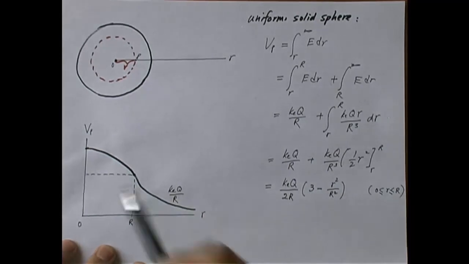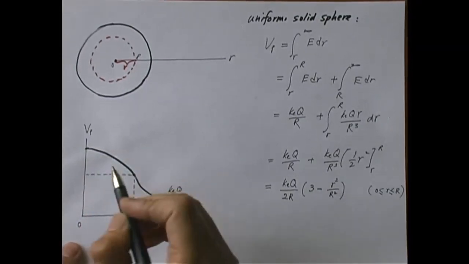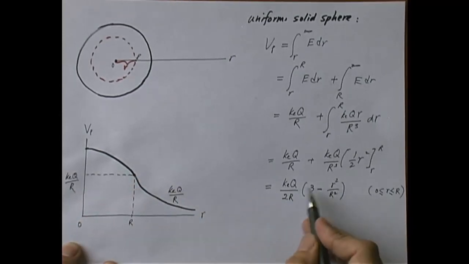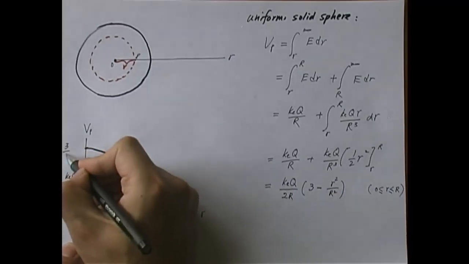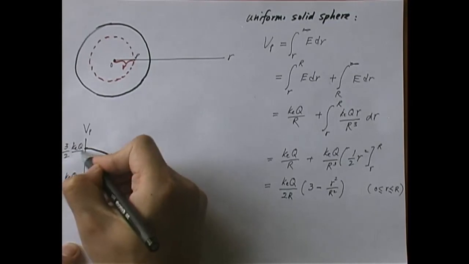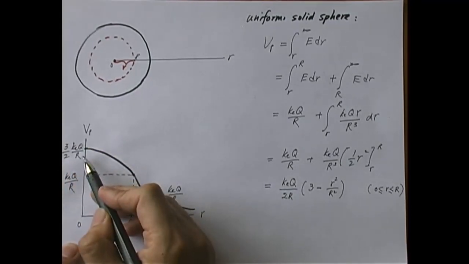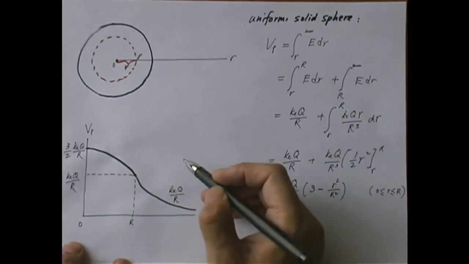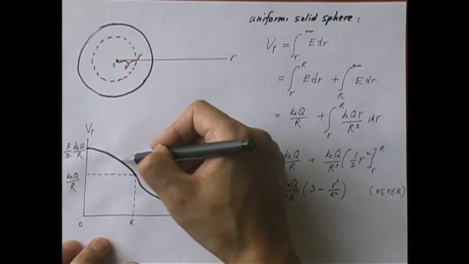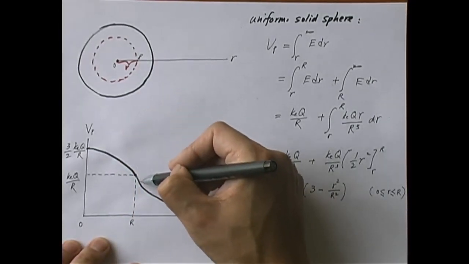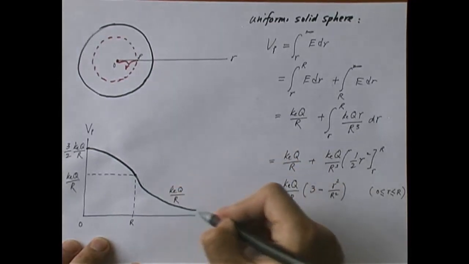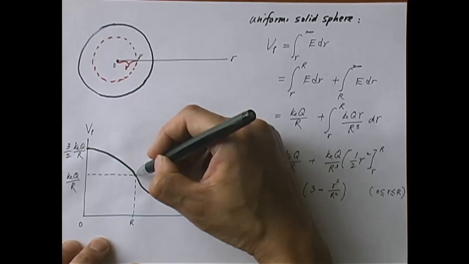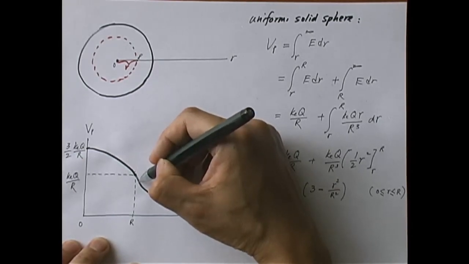And what's the highest point here? This point is KQ over R. The highest point in the middle is 3 over 2 KQ over R. That is the electrostatic potential in the middle. You can also show that this inverse parabola and this 1 over r curve cross over neatly so that the derivative is continuous between here and there.